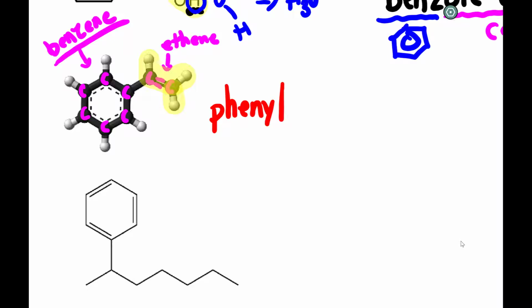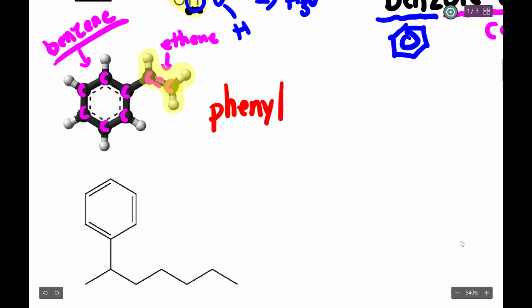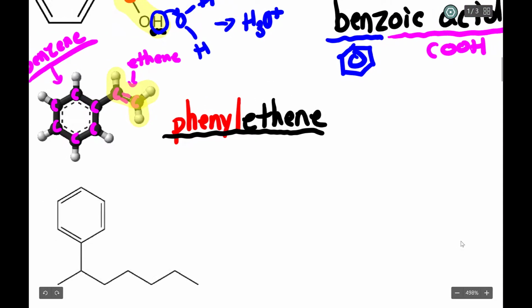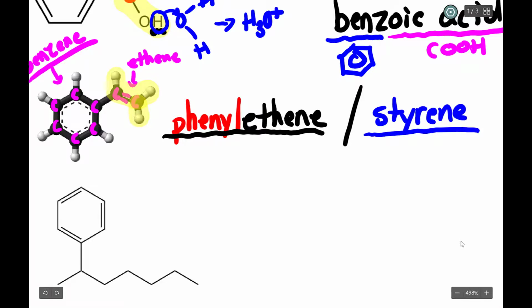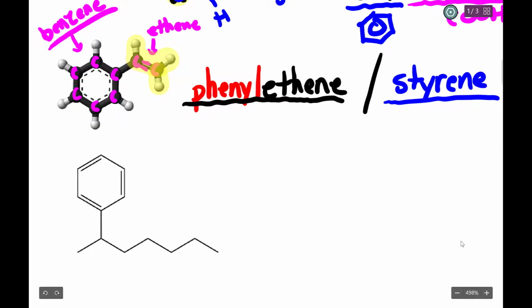So I don't have to say 1-phenyl, it's just phenyl, followed by ethene. This is phenylethene. This also has a common name, which I believe is styrene. From my memory, I believe this is used to make styrofoam. So that's one instance where benzene becomes phenyl. If there is a double bond, the double bond takes priority, and therefore the benzene is called phenyl.